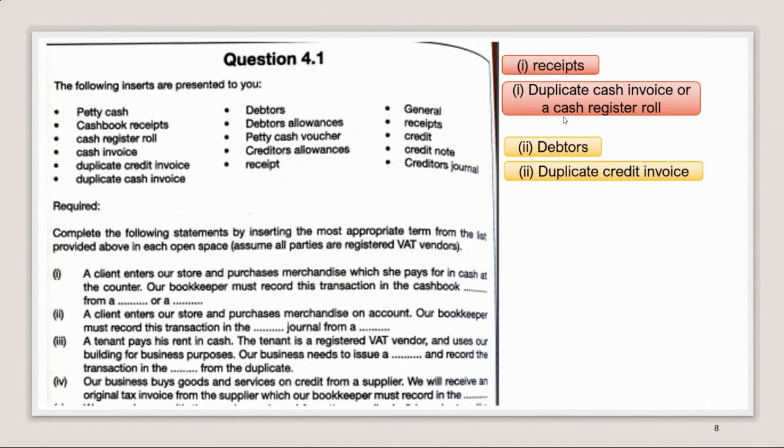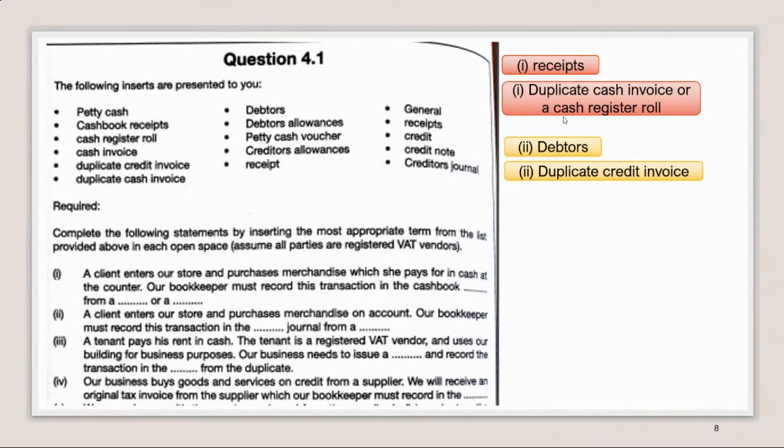Yes, you can put on your mic and give us the answer. Okay, ma'am, I got kind of confused, so I chose duplicate credit invoice. You said a duplicate credit invoice, so you were halfway correct. Your fellow colleagues in the chat say it's a cash invoice, which is correct.